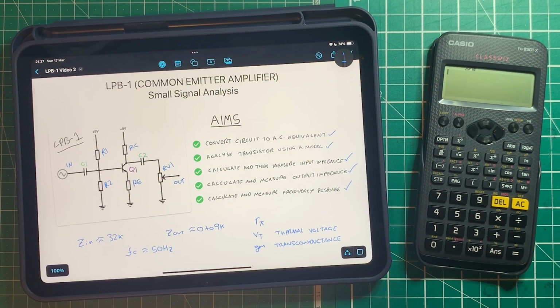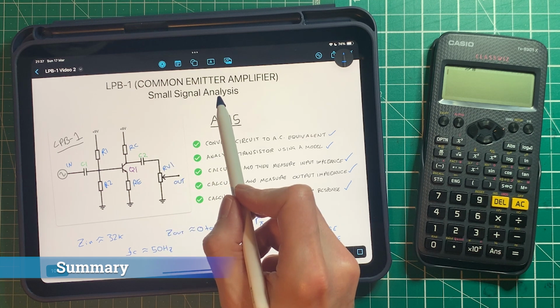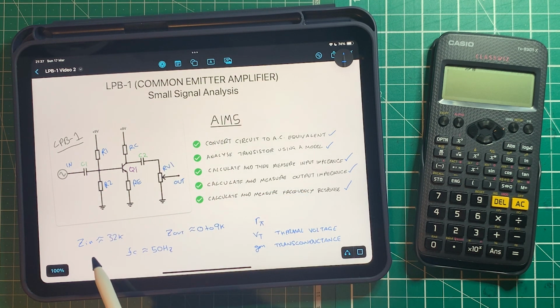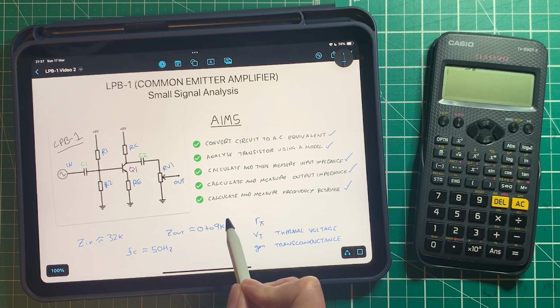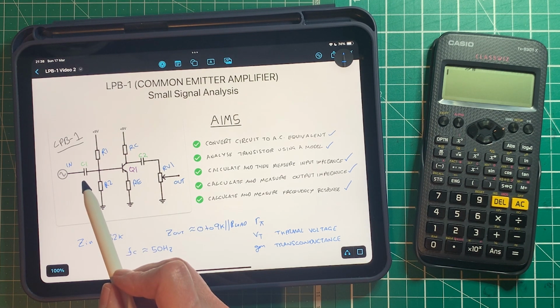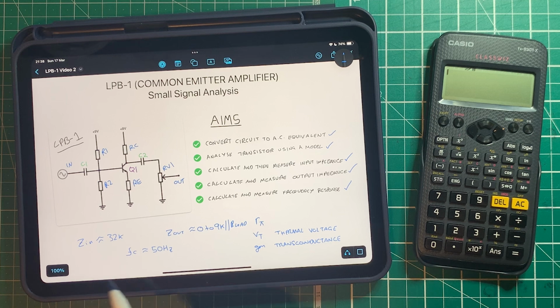So there we are. That completes our small signal analysis of our LPB-1 circuit. We've worked out the input impedance is approximately 32 kilo ohms. We've worked out the output impedance is between 0 to 9 kilo ohms in parallel with any load we put on there. The corner frequency is approximately 50 Hertz, and we know that changing C1 will change that drastically.